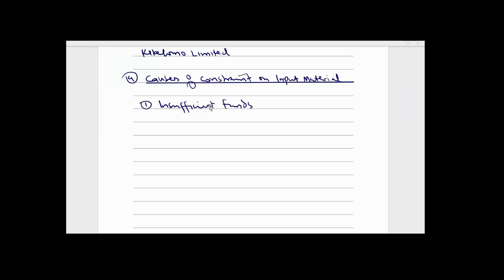Inadequate sources of input material. Can you elaborate? Where we have limited sources so that we cannot get the required quantity for production. Okay, inadequate supply.